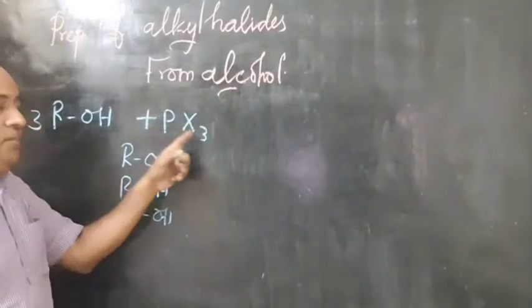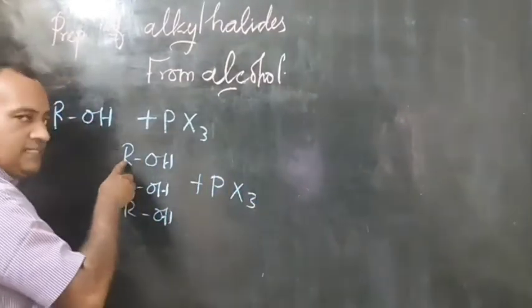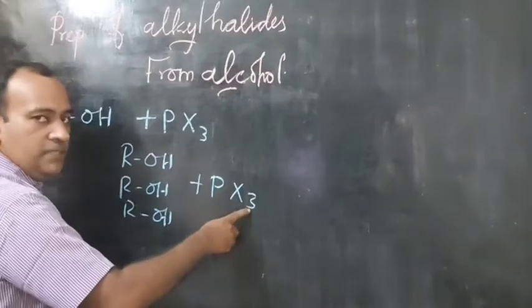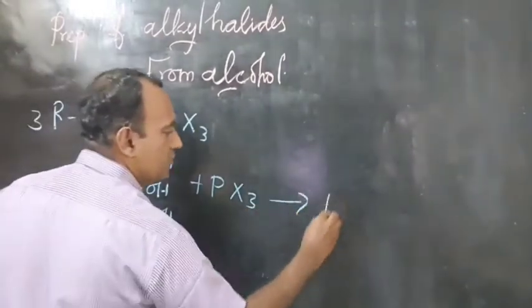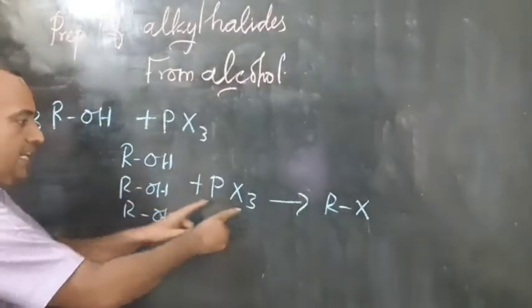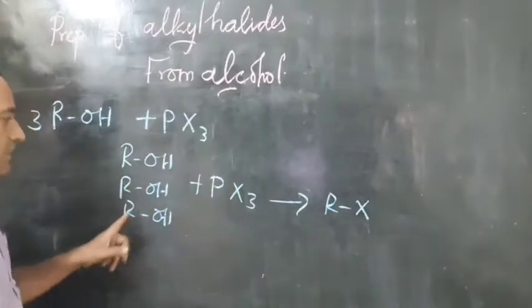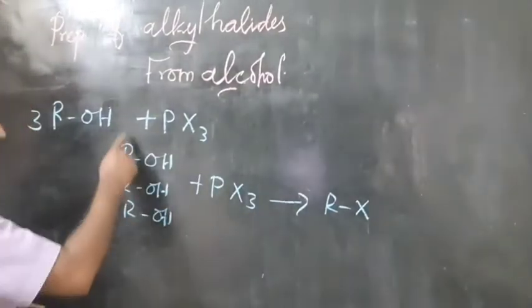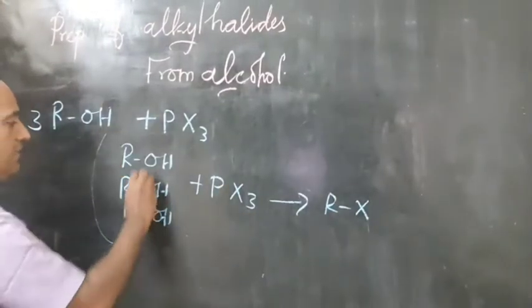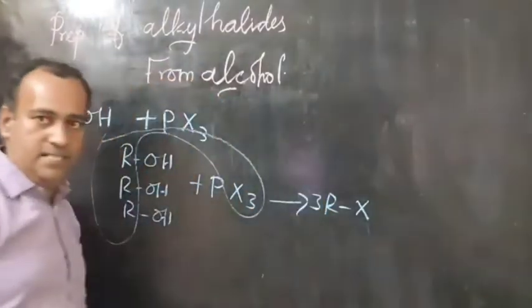So when treated with phosphorus trihalide, this R will take one X from here and convert it into RX. Then the next R will take another X and convert it into RX. The next R will take another X. That means this 3R will take the 3X and become 3RX.